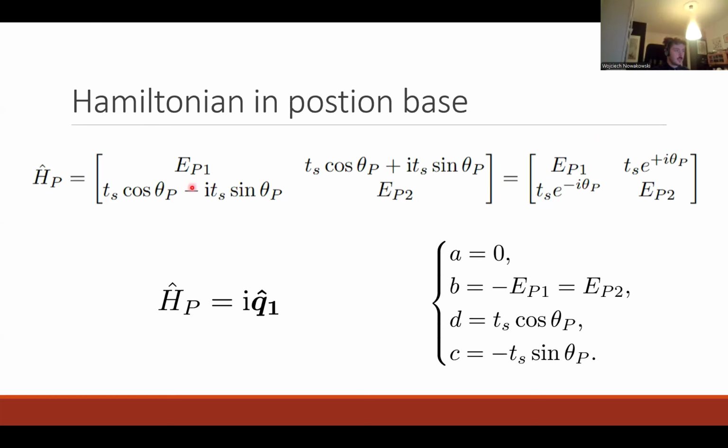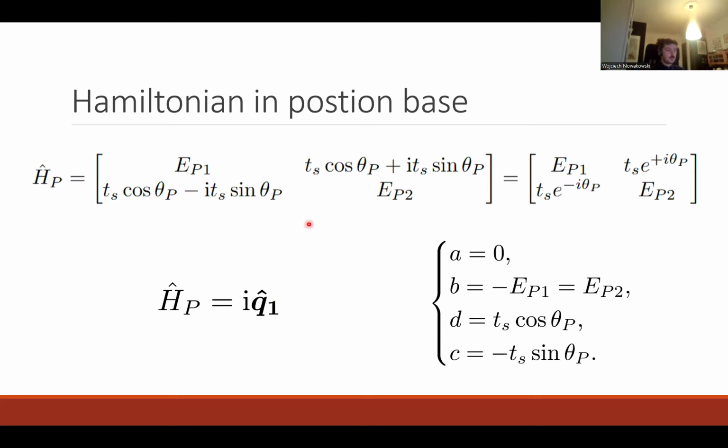So our main topic is the position-based Hamiltonian, and we define this Hamiltonian as shown in the equation above. The EP1 and EP2 values are potential energies in two positions, and the terms with T_S are hopping terms.